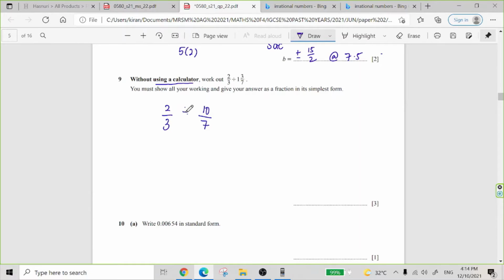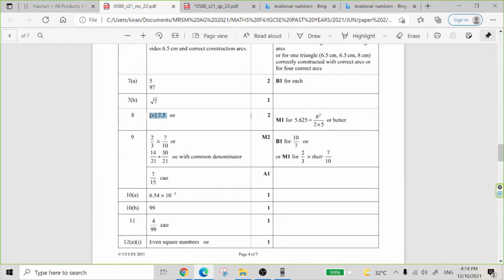Okay, as we know, this is division. Tukar kepada multiplication. Kita potong mana yang boleh kita selesaikan, permudahkan. So kita dapat 7/15 without using calculator. That is the simplest form, 7/15.